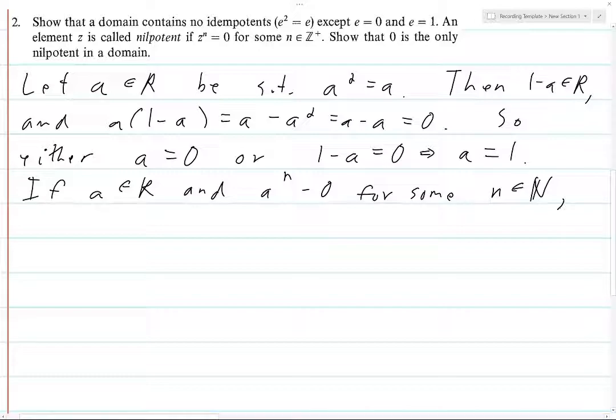If this is a domain, then this cannot happen for n equals 0, because in a domain 0 is not 1, and if n were allowed to be 0, then you'd have 1 to the 0 equals 0.